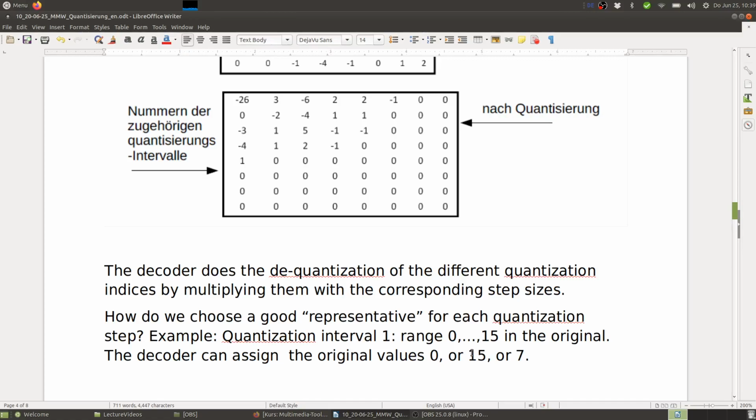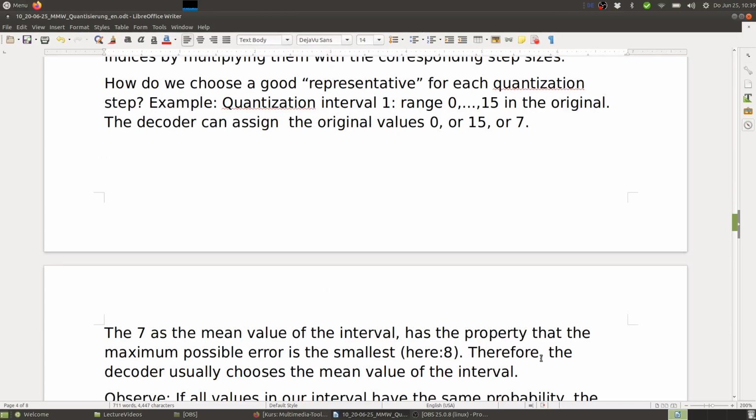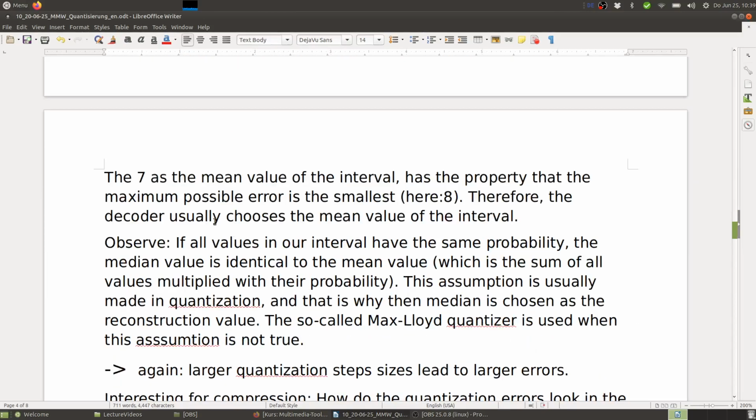And on average the lowest error will be the middle, the 7, right? Because the maximum error is then minimized. If we would choose 15, then the maximum error would be 15 if in reality it was 0, or vice versa. So 7 is a good choice because it minimizes the reconstruction error on average.